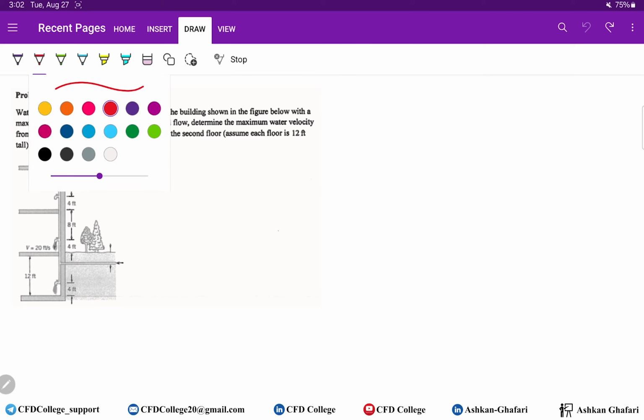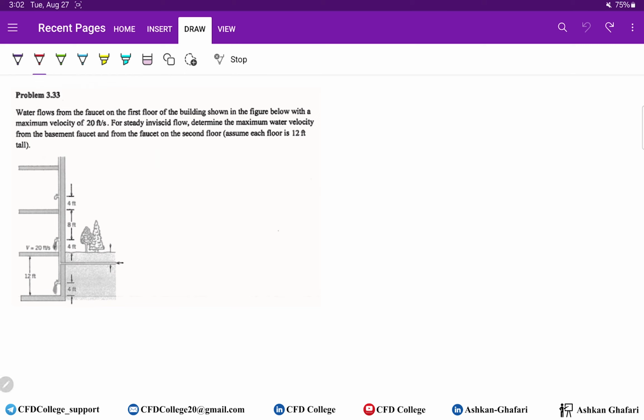When you want to use the Bernoulli equation, you should know that there are some assumptions to use this equation. The first is steady flow.